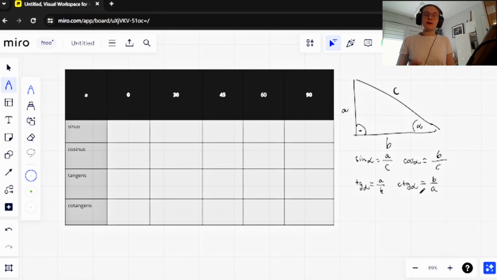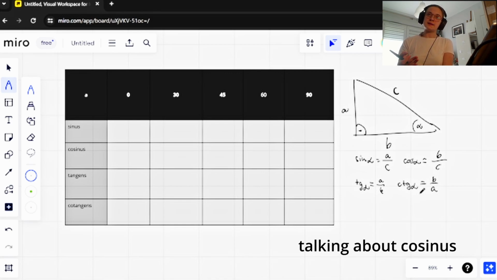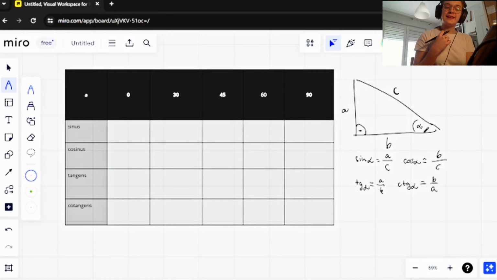A way that somebody told me to remember it is that C in the alphabet is one of the first letters, so it's the side that is closer to the angle, and sinus is further from C in the alphabet, and it's further from the angle.